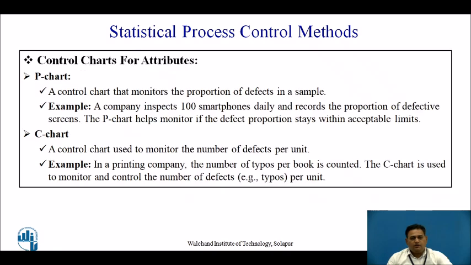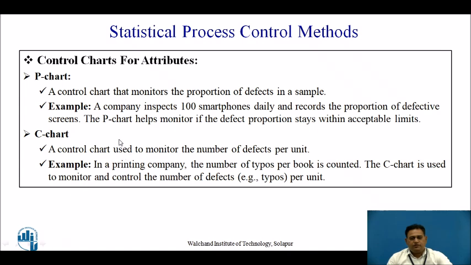Now coming to the attribute chart. The P chart, a chart that monitors the proportion of the defects in the sample. For example, a company inspects 100 smartphones daily, and it has been recorded the proportion of defects of the screen.